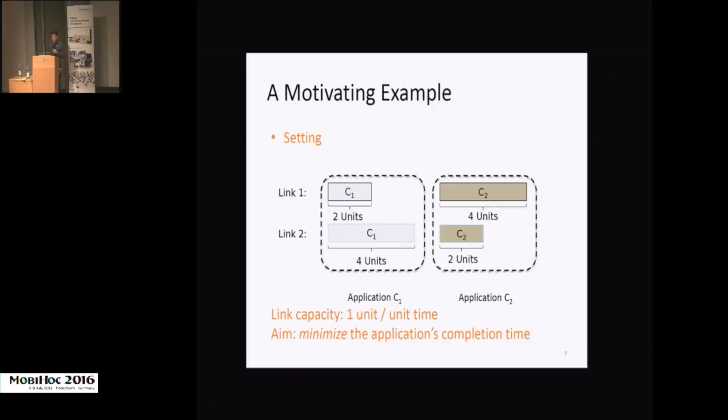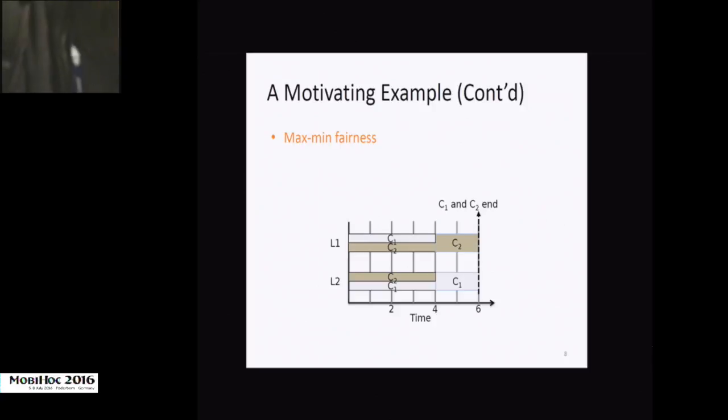Very naturally, we can see that the application's completion time is determined by the last flow to complete. So here we go. If we use max-min fairness, which is a well-known individual flow scheduling approach, then on each link, during the first 4 units of time, we enforce max-min fairness among the 2 flows on each link.